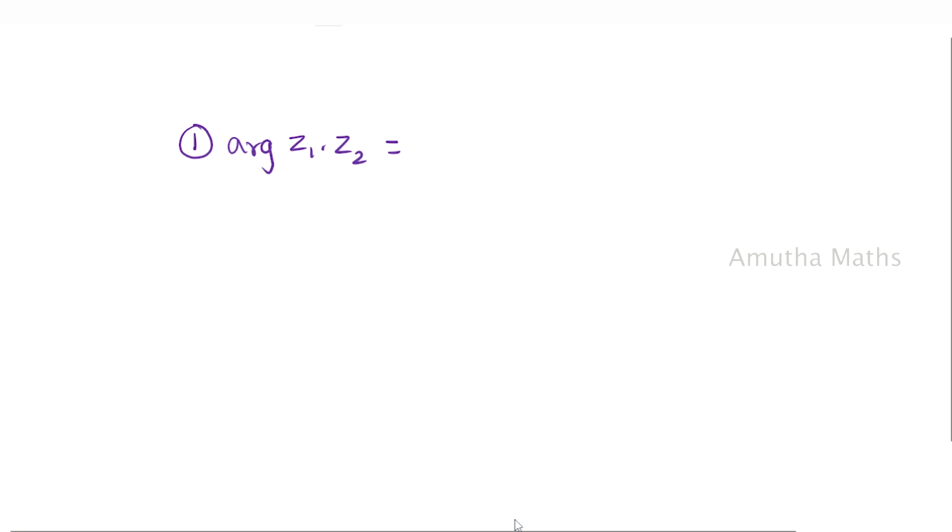So we have seen the important properties of arguments. What all did we see? That is argument of Z1 into Z2 is equal to argument of Z1 plus argument of Z2. Okay. Then what is the next property we have seen?